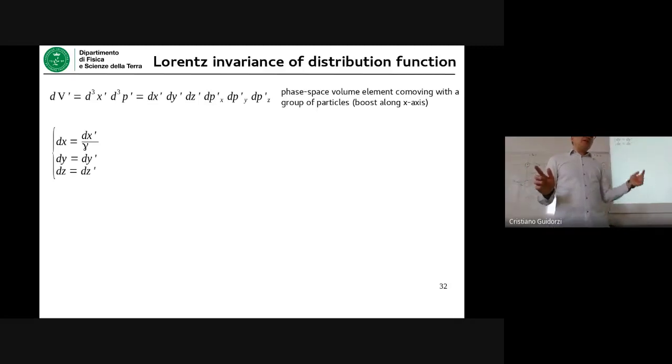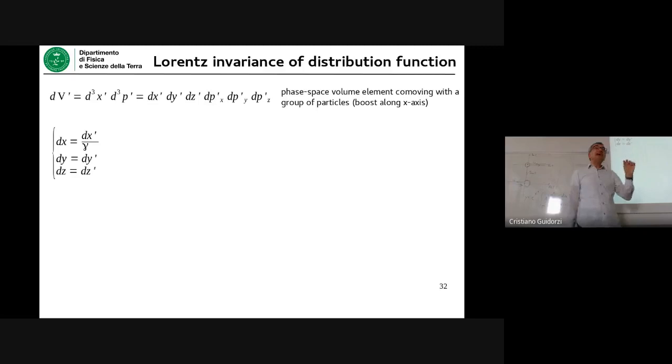If you remember Lorentz transformation, of course, the direction along the motion is affected by a factor of gamma. Here we are moving from the comoving frame back to the fixed frame, so there's the Lorentz contraction.